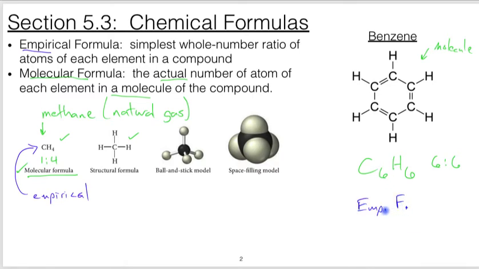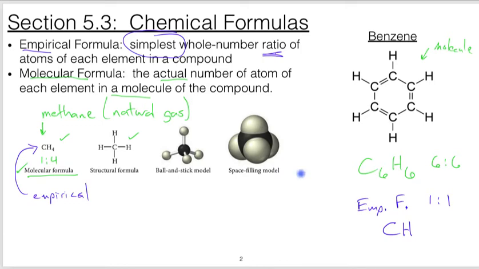If I want to determine the empirical formula, that's the simplest whole number ratio. Well, what is the ratio between 6 and 6? That's the simplest ratio, 1 to 1. Carbon and hydrogen are coming together in a 1 to 1 ratio in this particular formula. So I would say its empirical formula is simply CH.